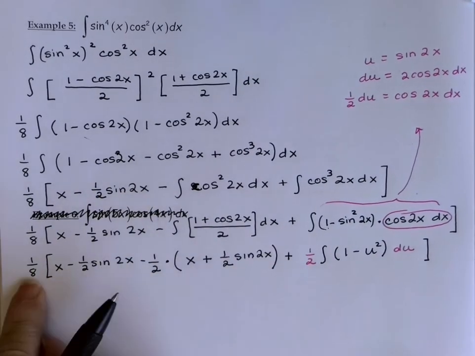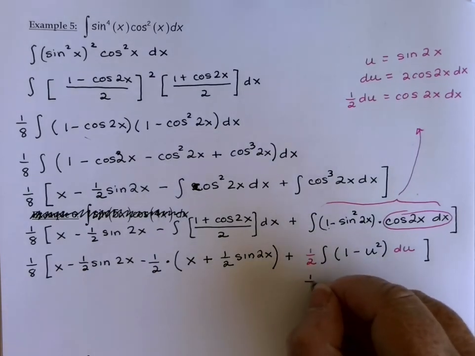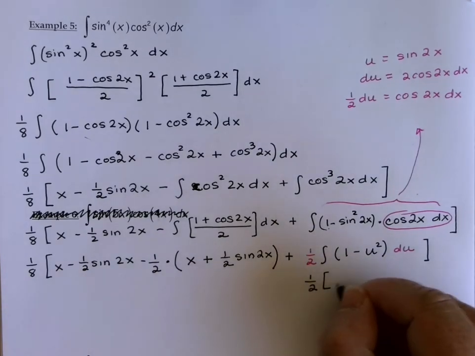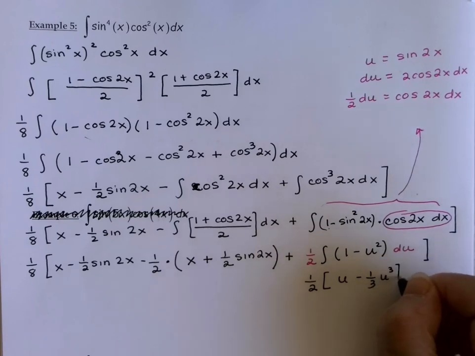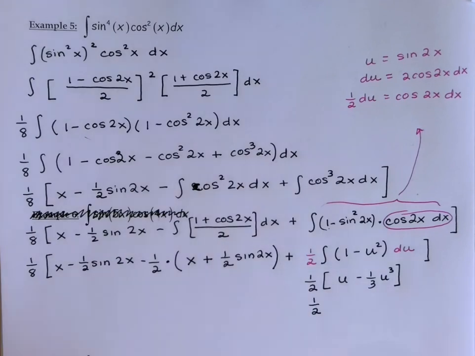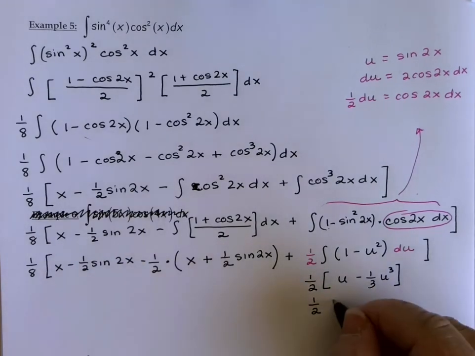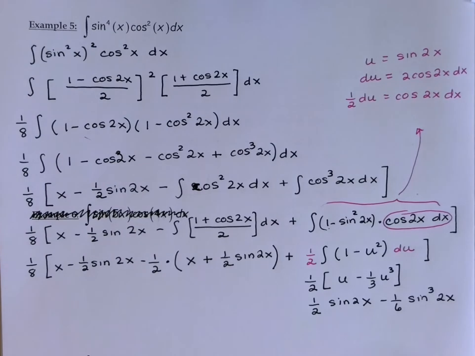And I won't recopy this over and over again until I kind of get this thing figured out. That's going to be a 1/2 u minus 1/3 u cubed, which would be a 1/2 sine 2x, and then a minus 1/6 sine cubed 2x.